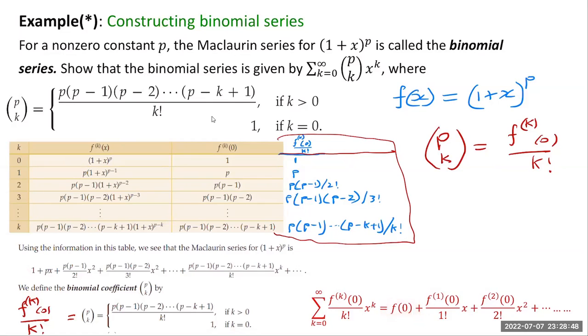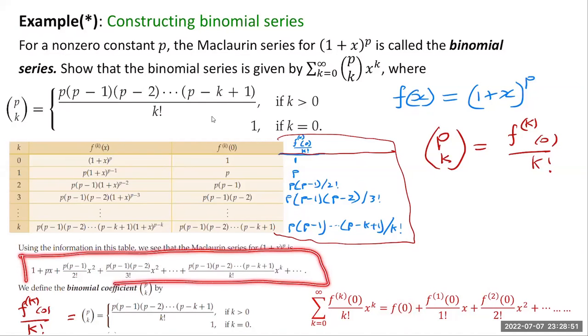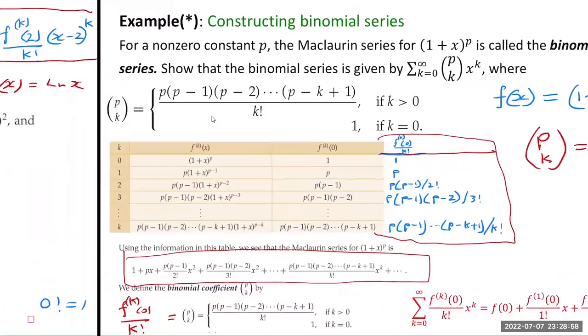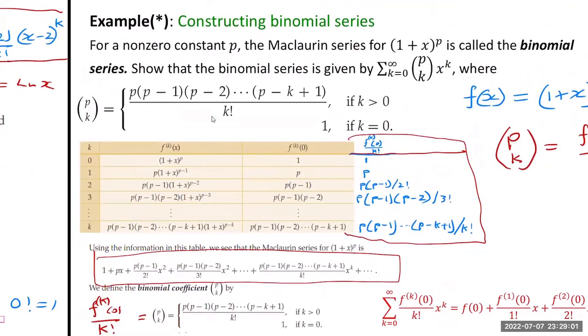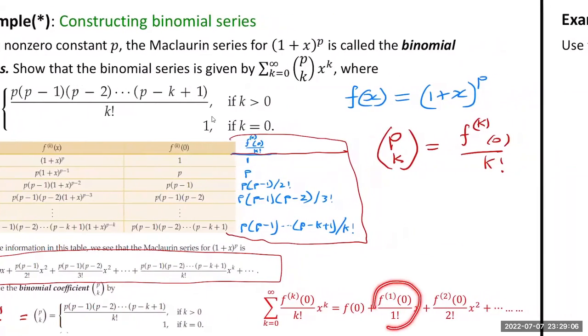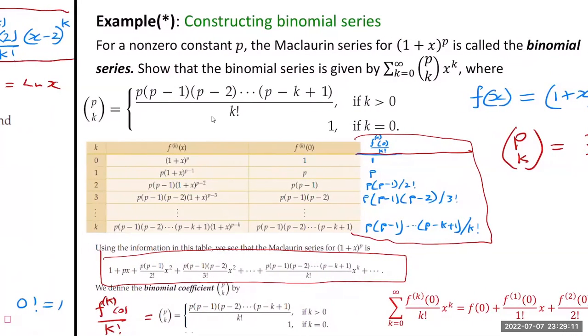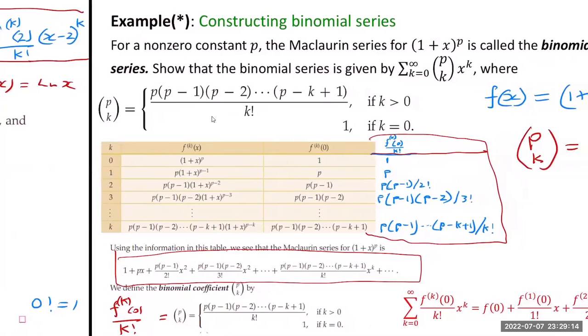So I'm writing my series here, the expansion. So this is going to be the first term, that is just f of 0. And then the next term is f prime of 0 divided by 1 factorial, which is p. Because this is just f prime of 0 divided by 1 factorial, which is just p.